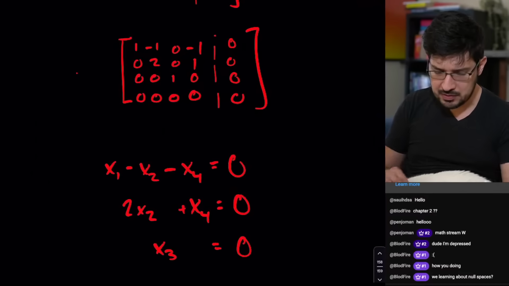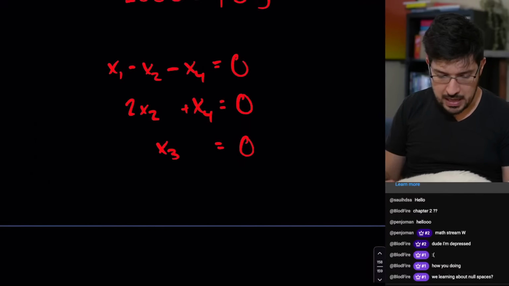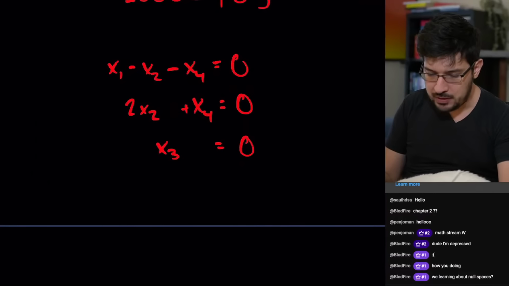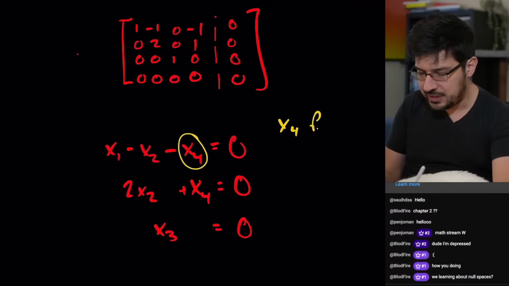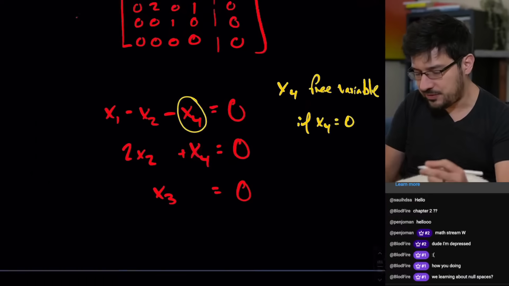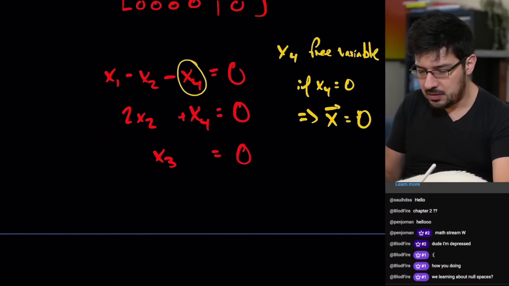That's what these lines of this matrix mean. Well, we have one free variable. x4 is a free variable. If we set x4 to 0, then our whole vector x is going to be the 0 vector.